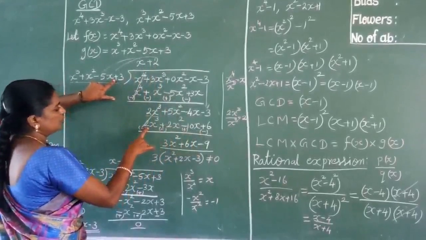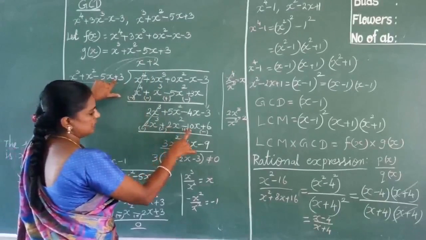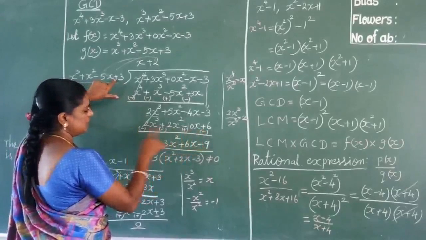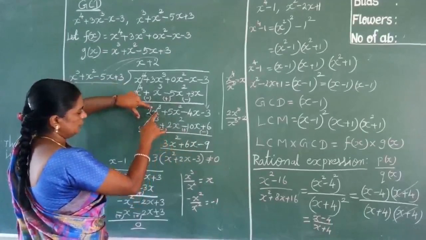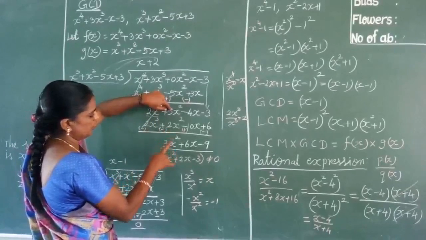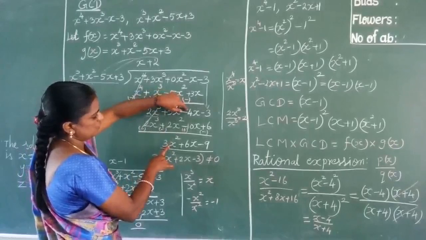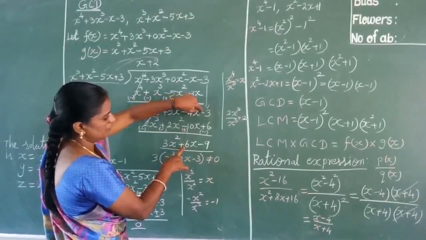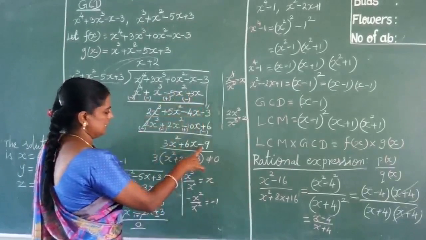What we get? 2x cube plus 2x square minus 10x plus 6. And then subtract these two terms. So 2x cube minus 2x cube cancel, 5x square minus 2x square is 3x square, minus 4x plus 10x is 6x, minus 3 minus 6 is minus 9.